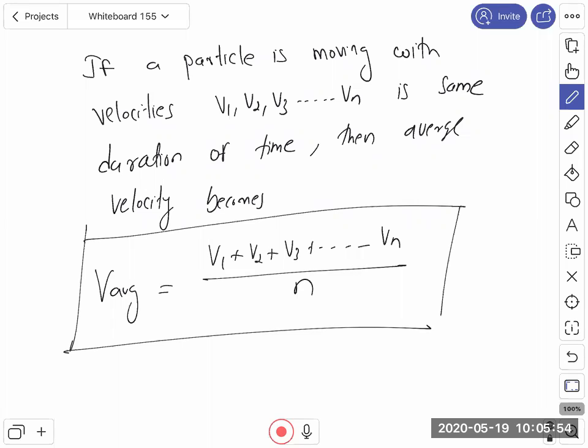So just remember these formulas. Displacement same है तो formula क्या है? Time same है तो formula क्या है? Displacement same है तो formula होगा n divided by 1 by v1 plus 1 by v2 plus 1 by v3 plus etc. to 1 by vn. Time same है तो the equation becomes v1 plus v2 plus v3 etc. to vn by n.